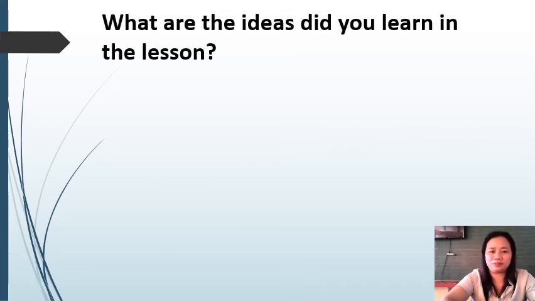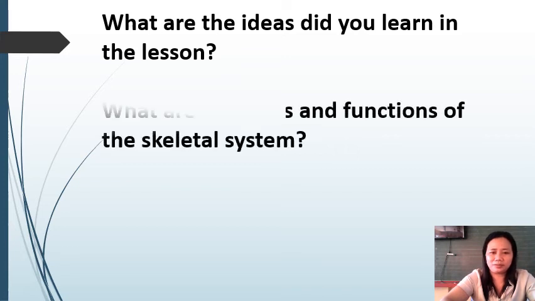Question number 1. What ideas did you learn in the lesson? Next, what are the parts and functions of the skeletal system?